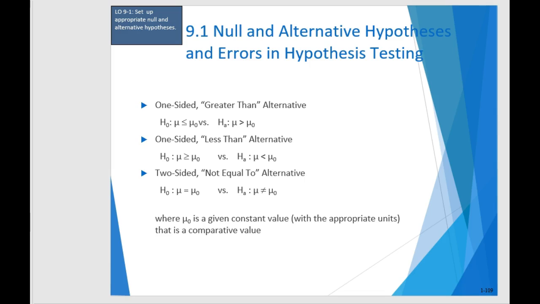For the z and the t tests, not surprisingly, we're going to be doing this about mu, right? Just to take a quick aside, what we did in Chapter 8 was we used a sample mean, an X bar, and then we added or subtracted a certain number of standard deviations to make an interval.